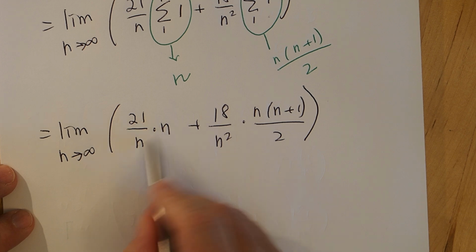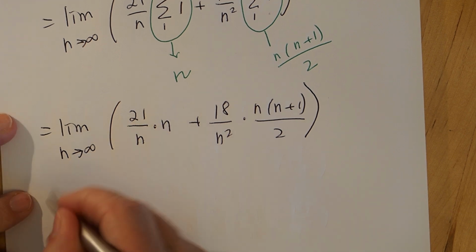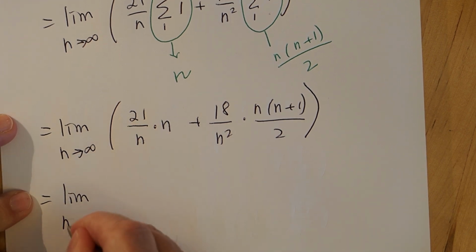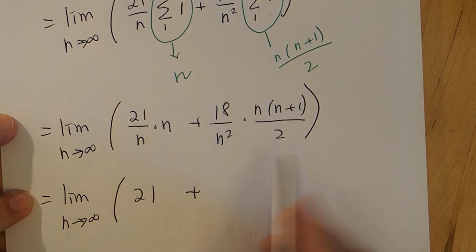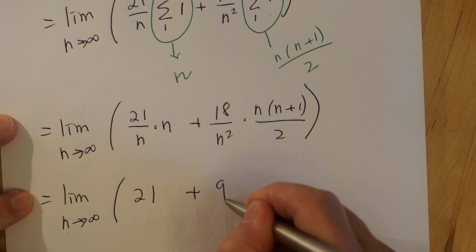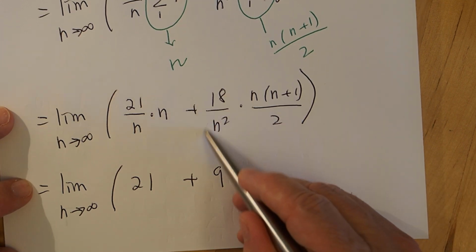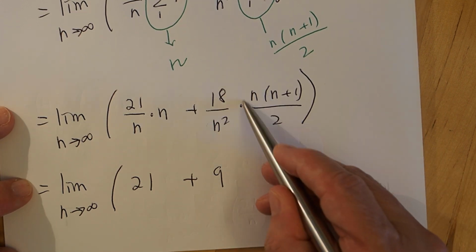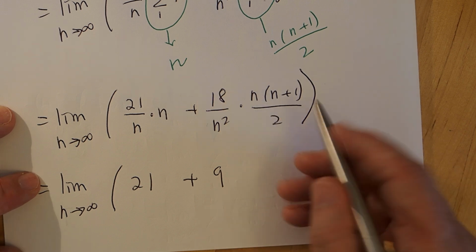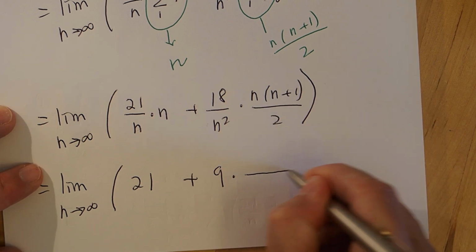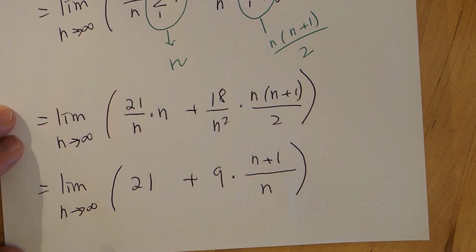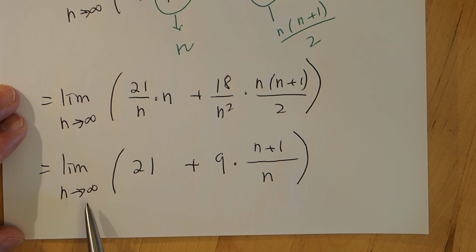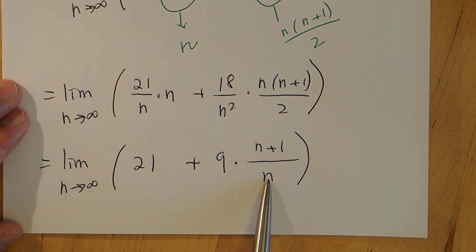The n's cancel here, and that will give us the limit as n approaches infinity of simply 21 plus, and here 18 over 2 is 9, and one of these two n's will cancel with this n, giving us the following, n plus 1 over n. And I need to compute the limit as n approaches infinity of this expression.